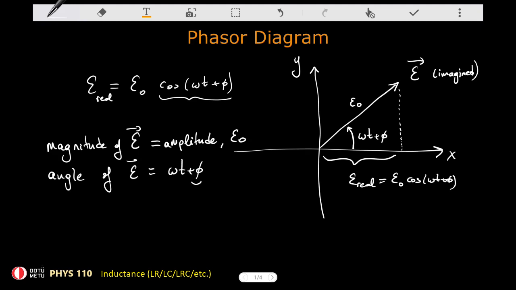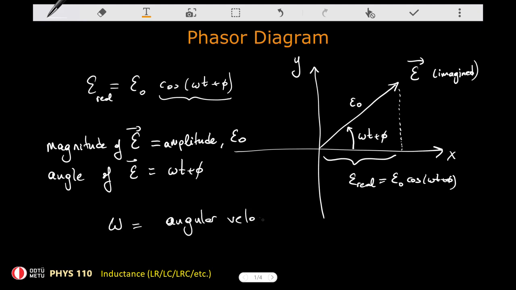So it contains the phase angle plus this time-dependent factor. The nice thing here is that we have a picture with a vector of fixed length rotating around the origin with a constant angular velocity. So now we can interpret omega as angular velocity instead of angular frequency in that picture.